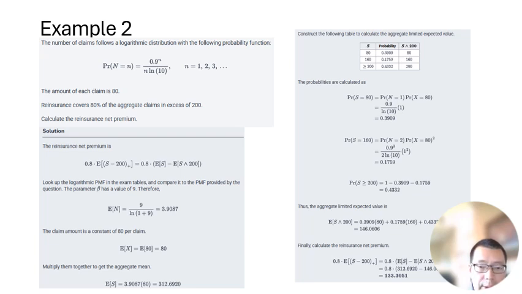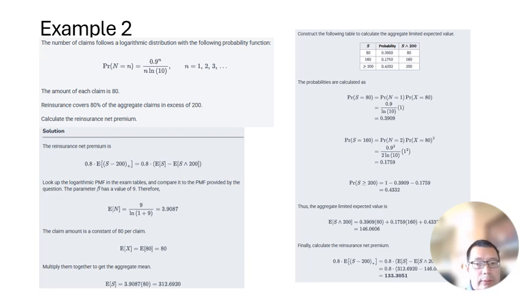Therefore, the aggregate limited expected value E[S cap at 200] can be calculated to be 146.0606. Then from here we can calculate the reinsurance net premium by using the formula we wrote in the beginning. So the final result is 133.3051.